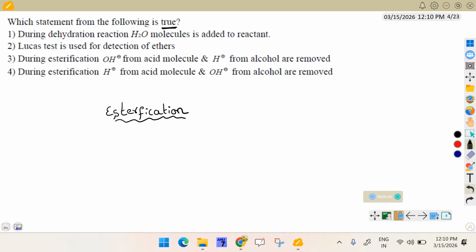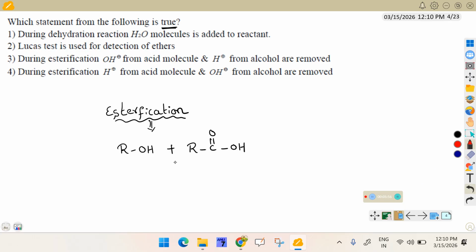See the next question. Which statement from the following is true? Esterification. What is esterification? Alcohols react with carboxylic acids or acid chlorides or acid anhydrides. Then it gives esters, and this process is called esterification.